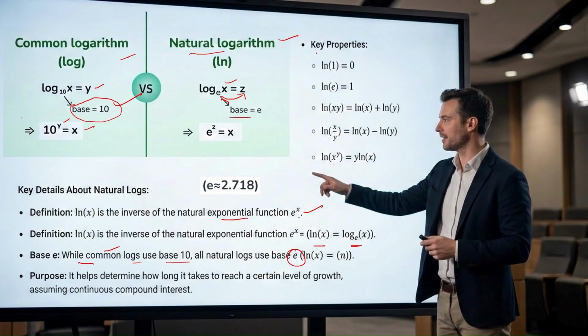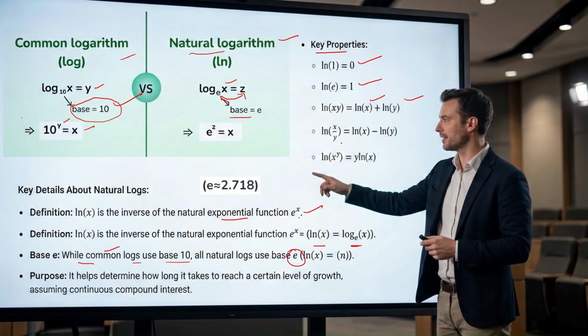Then some properties of the natural logarithm. Ln 1, otherwise log 1 base e, is 0. Ln e is 1. Ln of x into y is ln x plus ln y.